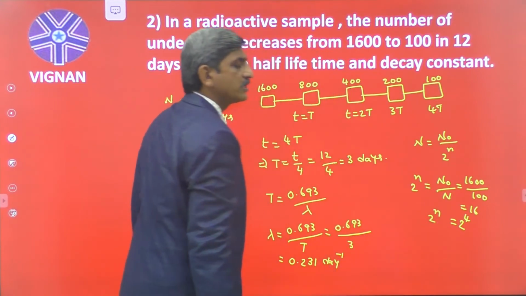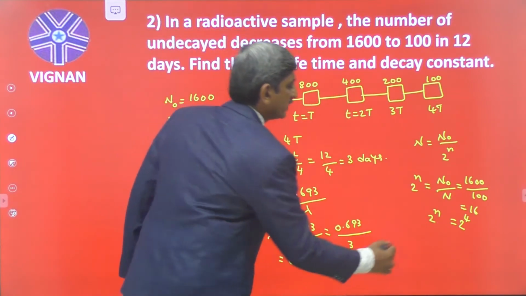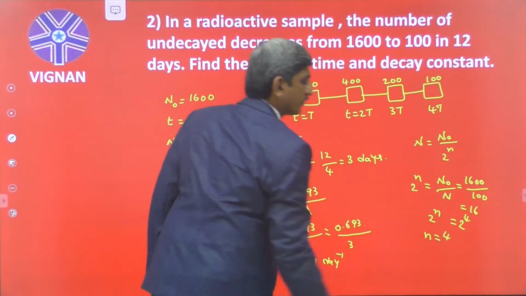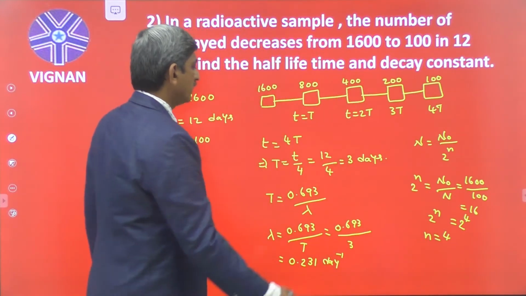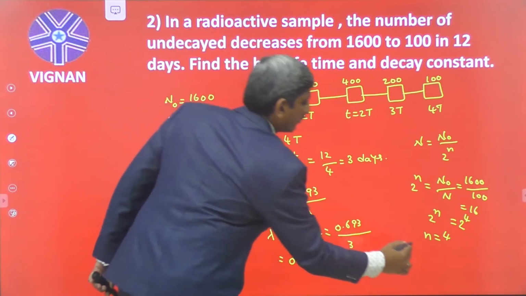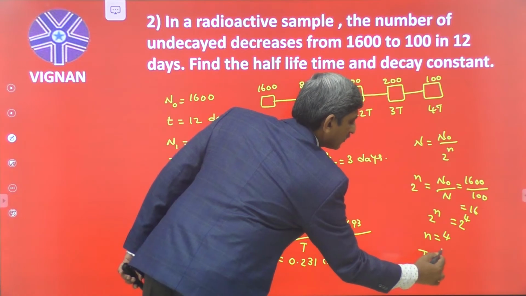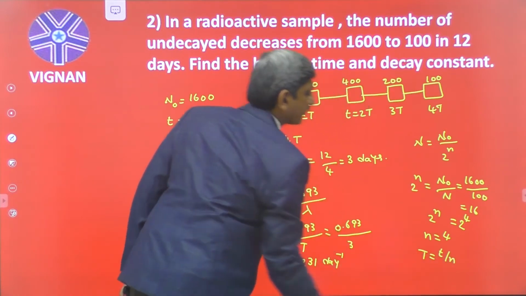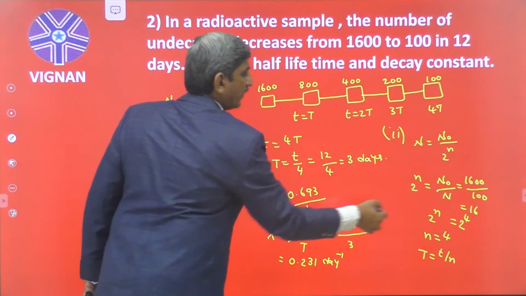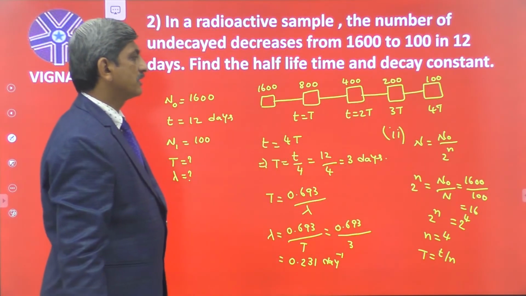So 2 power n is equal to 2 power 4. From this, the number of half lives n is equal to 4. By knowing the number of half lives, the half lifetime can be determined by the formula T half is equal to T by n. So using this second procedure also, we will get the same result.